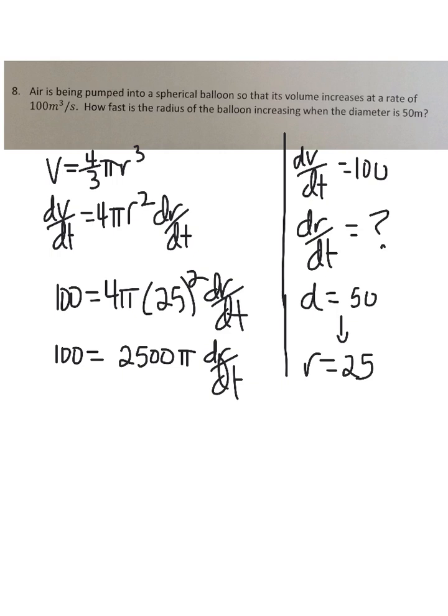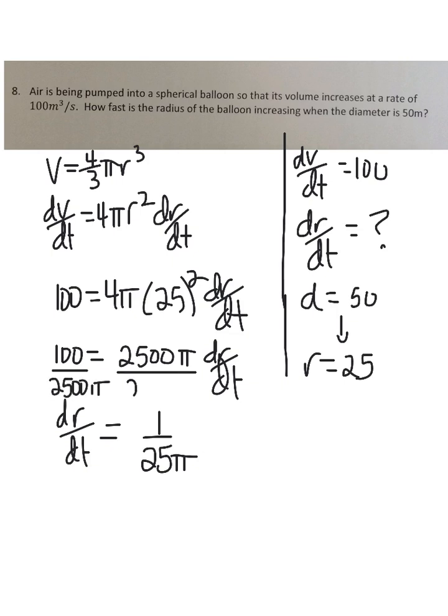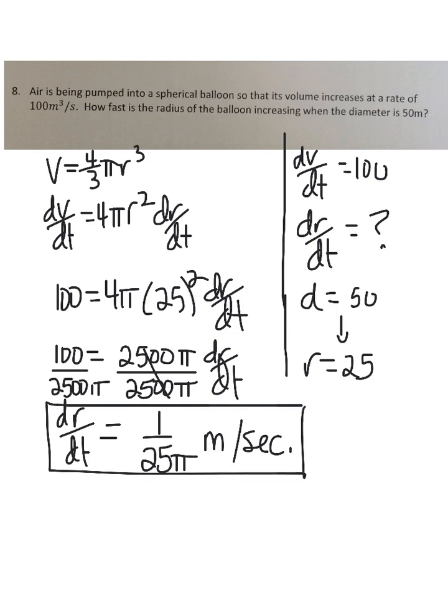I'm going to divide out that 2500, so 100 over 2500 in my calculator is 1 over 25. Please make sure that pi is in the denominator, because I am dividing by 2500 pi, so the pi stays in the denominator. Then we have meters per second. And there is your answer.